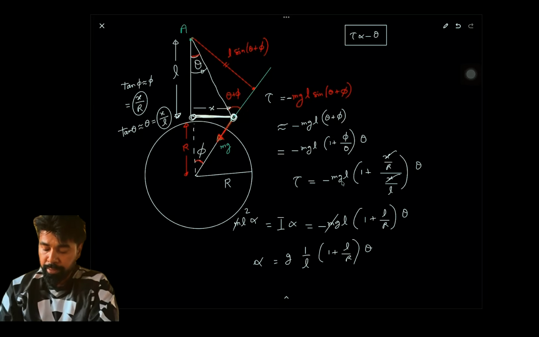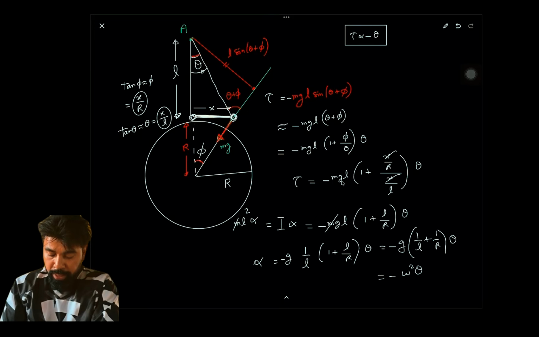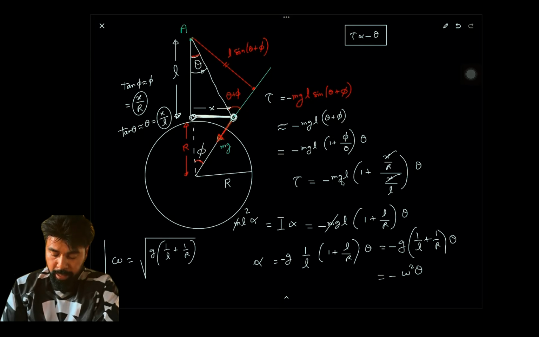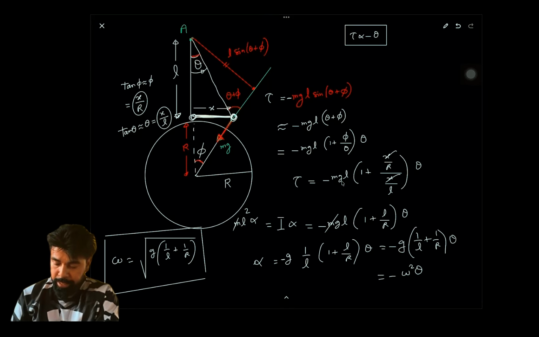So if we multiply this 1 by L into the bracket, we get alpha equal to minus g into (1 by L plus 1 by R) into theta. So this is equal to minus omega squared theta. So omega is coming as root under g into (1 by L plus 1 by R). So this will be the angular frequency of a simple pendulum whose length is comparable to Earth's radius.